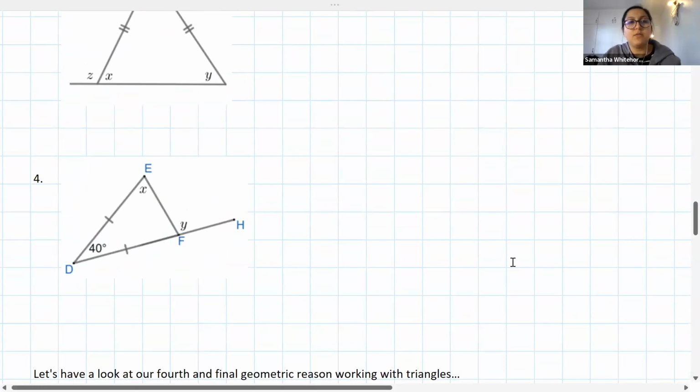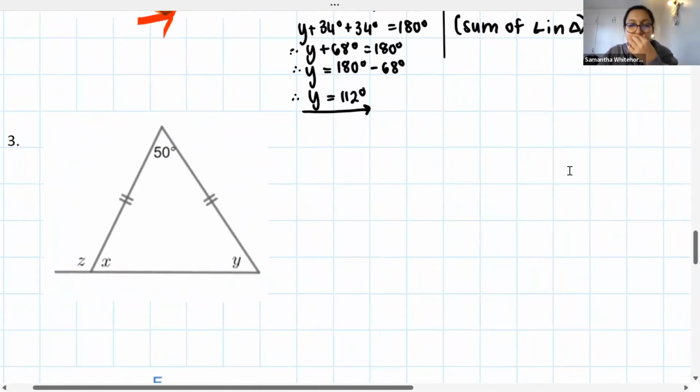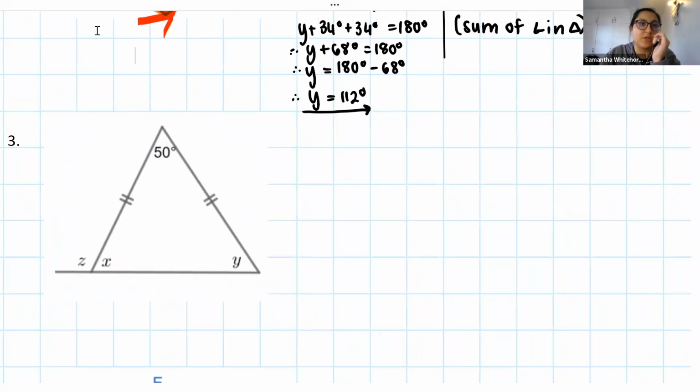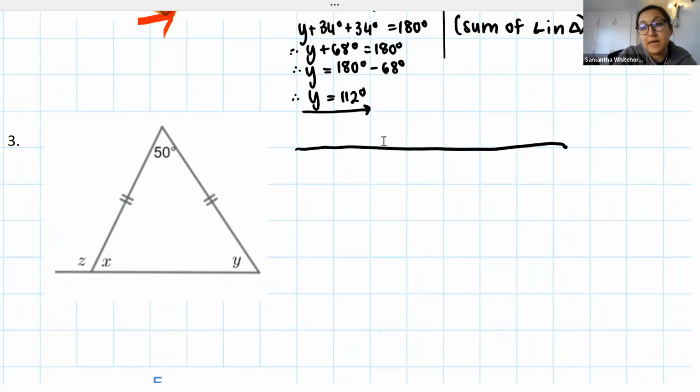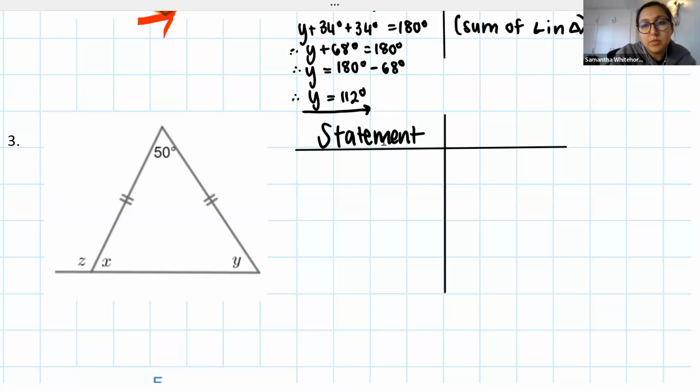Right. I want you guys to try question 3 for me. We're not going to do both of those, just question 3, because this is going to practice almost all of our triangle reasons here. It's also a really nice exam or test type question. So this is definitely the type of question you can expect in an assessment. You're going to try it by yourself.